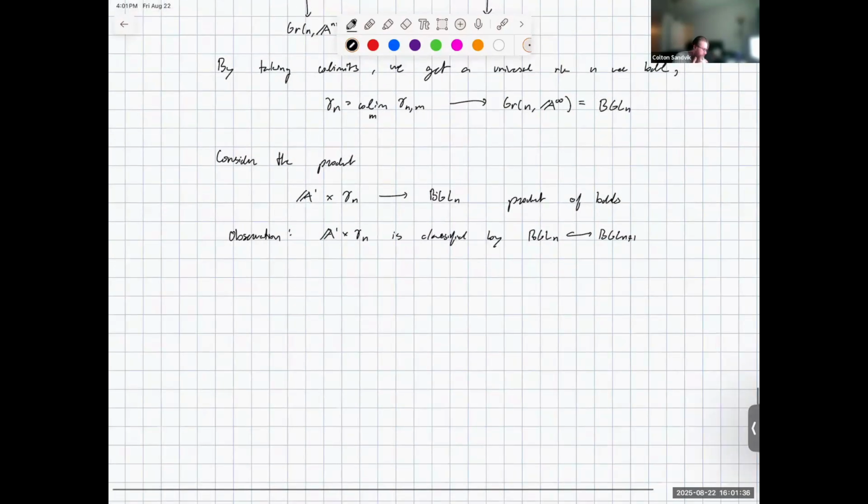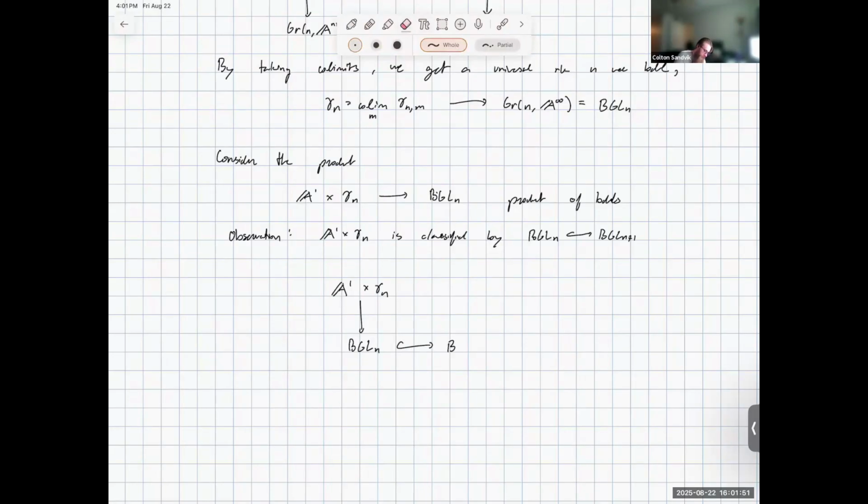Let's unpack this a little bit. We have A1 cross gamma n, and this maps to BGLn, and then this in turn maps into, sorry, let me write this correctly. This maps into gamma n, and this maps into BGLn. Oh wait, I'm confusing myself.